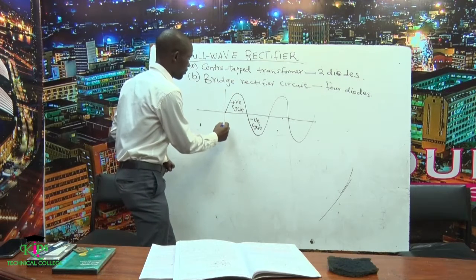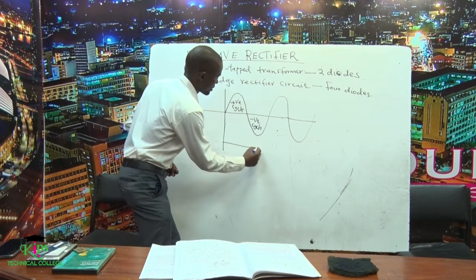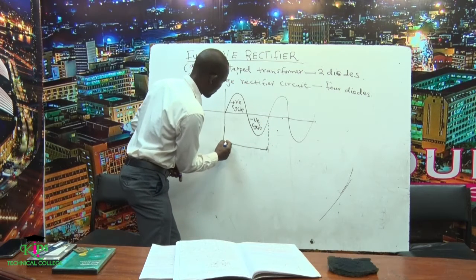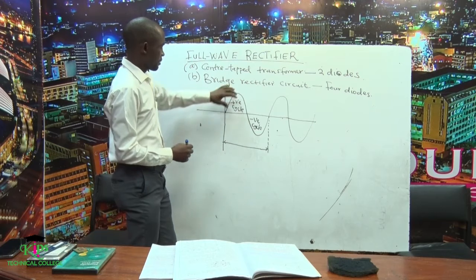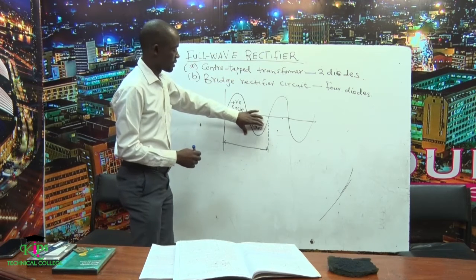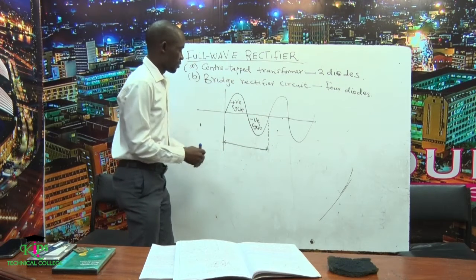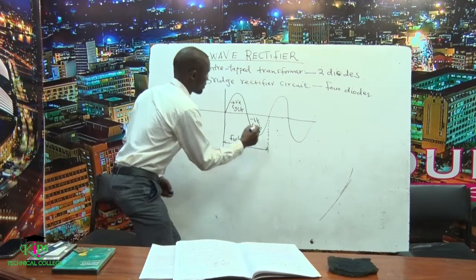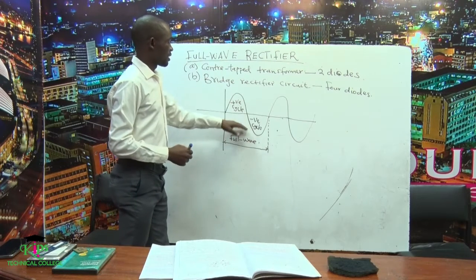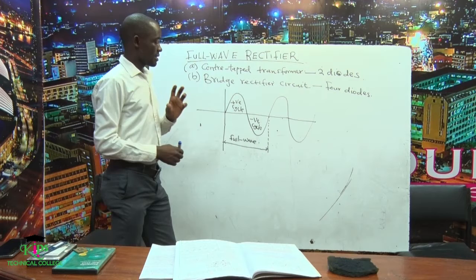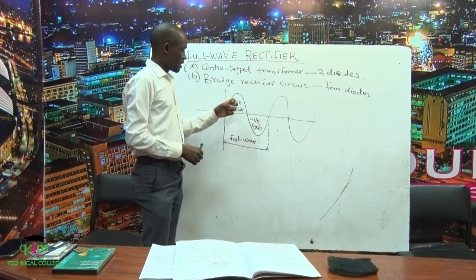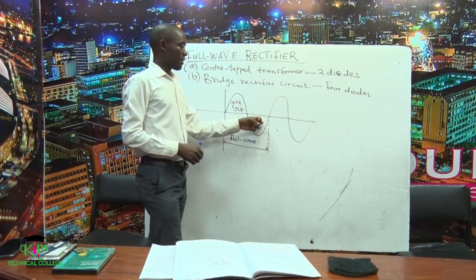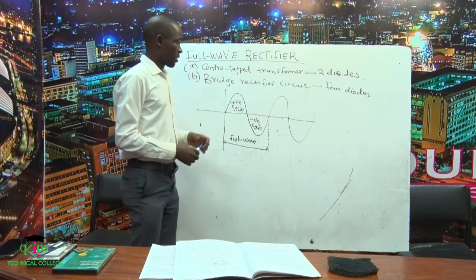Because like I said before, a full wave begins from this point to this other point. A full wave comprises of 2 waves, the positive cycle and the negative cycle. So full wave rectification means the 2 cycles are considered, but in cases whereby you only consider either the positive cycle or the negative cycle, then we shall call it a half wave.